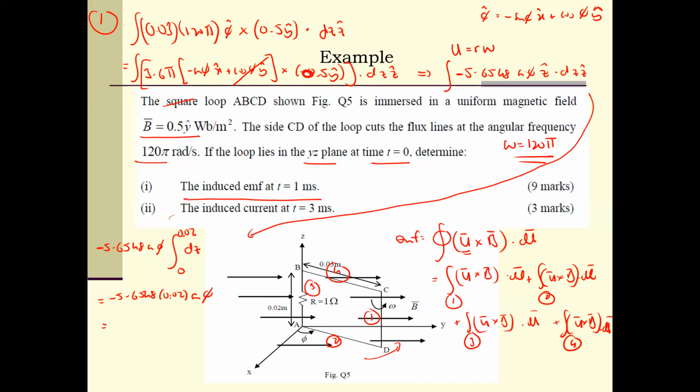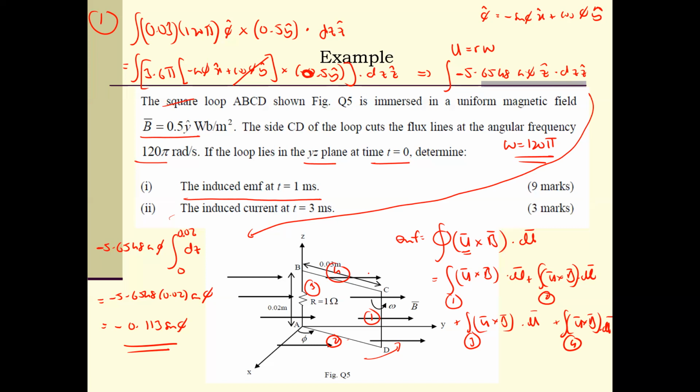So for this, we have the value of negative 0.113 sine of phi. That should be the value of EMF generated by side 1, which is from C to D. For side 2 and 4, I think you can prove on your own that the value of EMF contributed will be 0.